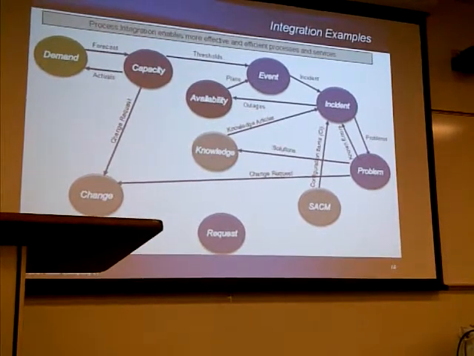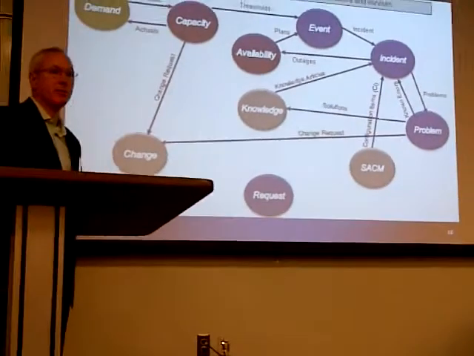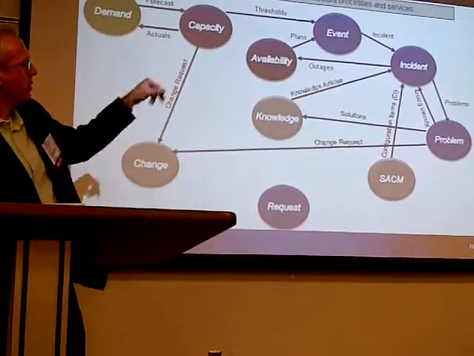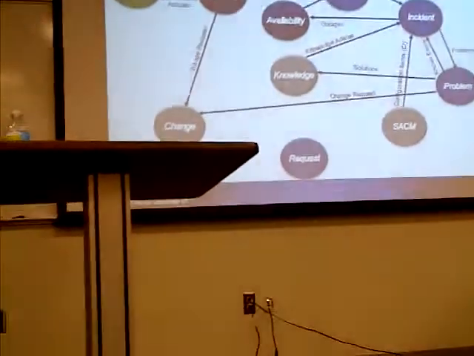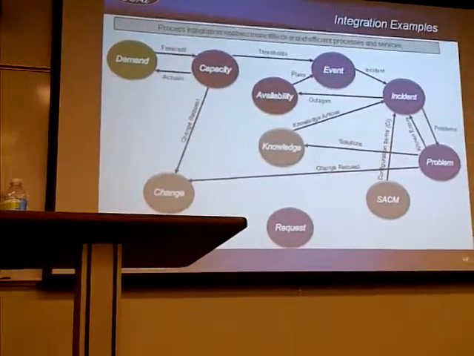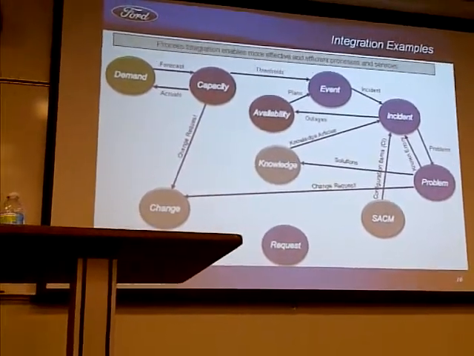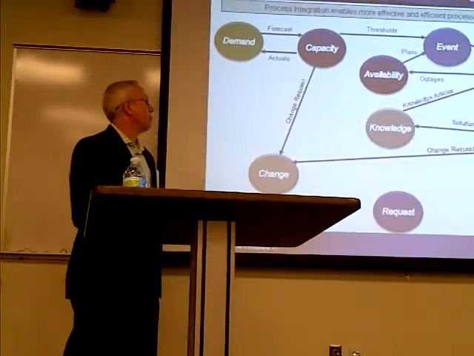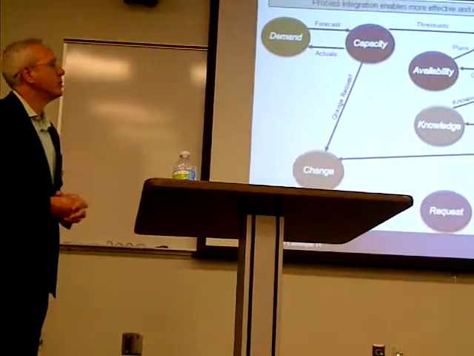Problem, as I mentioned, does two things. It minimizes the impact of incidents and prevents incidents from happening. So as problems are recorded, we'll record those workarounds and the known errors. But we do the root cause analysis, and if we do decide we want to make a change to resolve that problem, in most cases we have to create a change request before we can implement the solution.